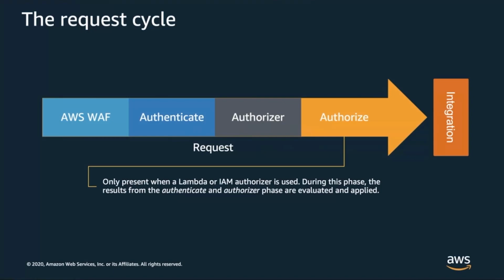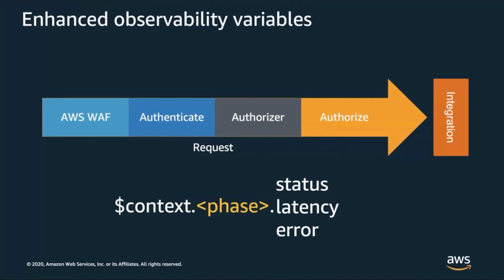And so what we've heard from customers was that they wanted more visibility into the various aspects of this request cycle. They wanted to understand what information there was, what data there was, and so forth. And so we recently announced this new capability called Enhanced Observability Variables. This is data that is passed in, as you can see here, as part of the context that gets passed in a request down to the back end.